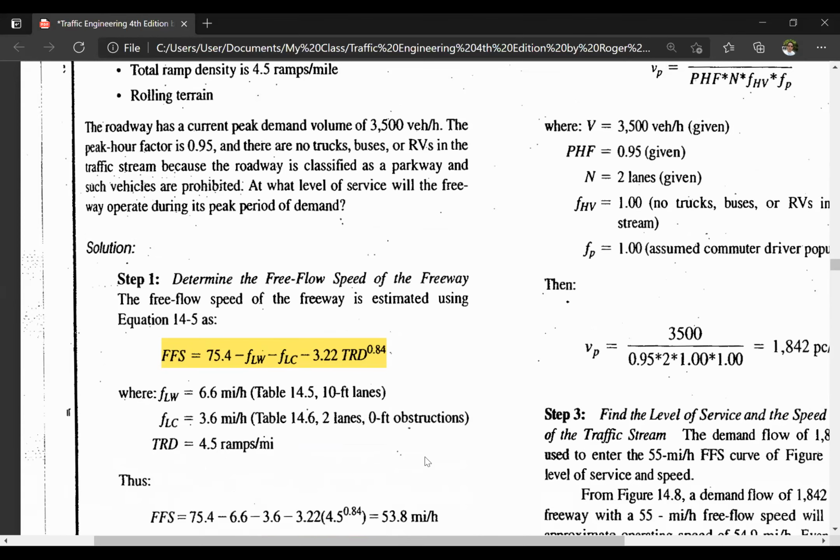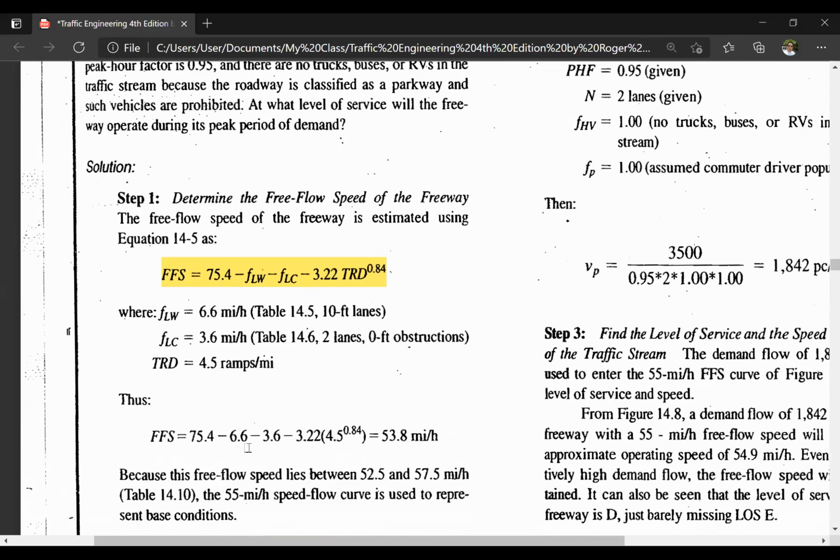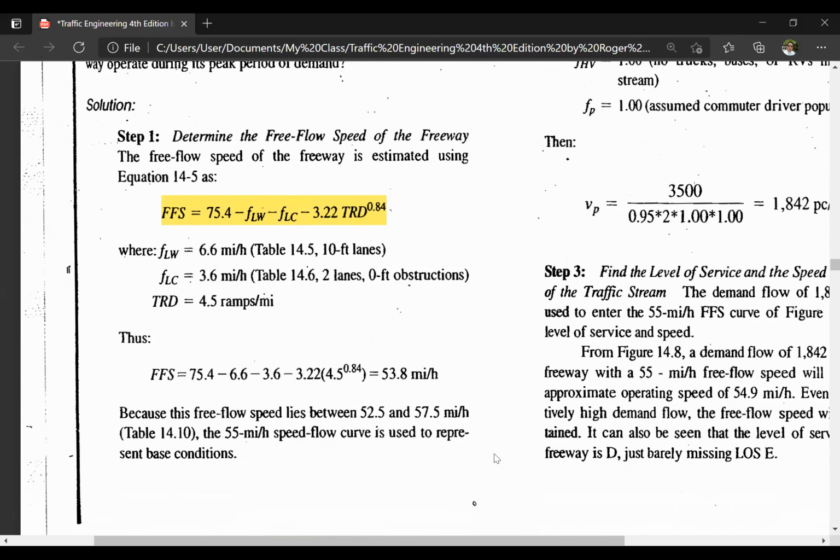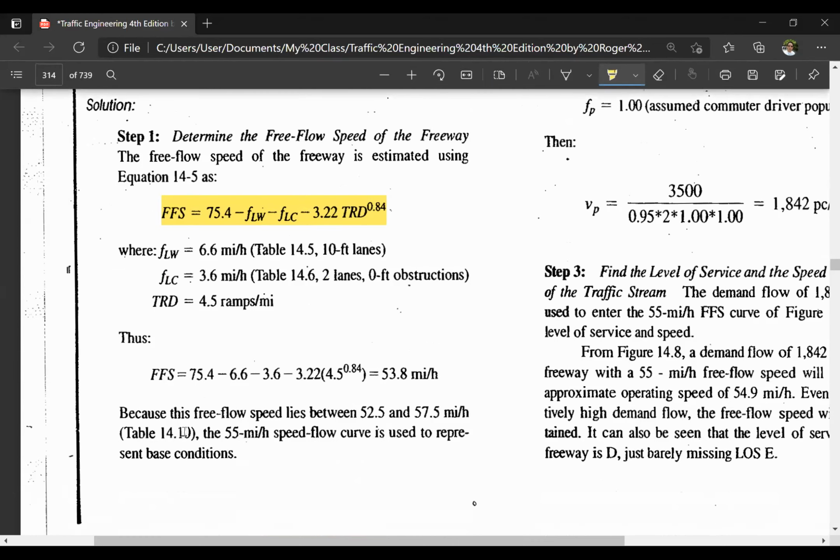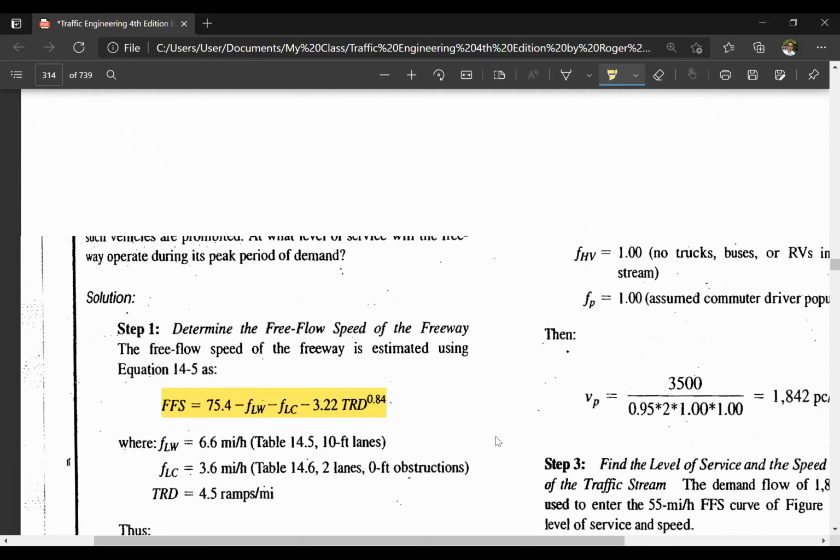The number of ramps is 4.5 ramps per mile. Then the free flow speed can be calculated as 53.8 miles per hour. Because this free flow speed lies between 52.5 and 57.5 miles per hour, look up table 14.10.